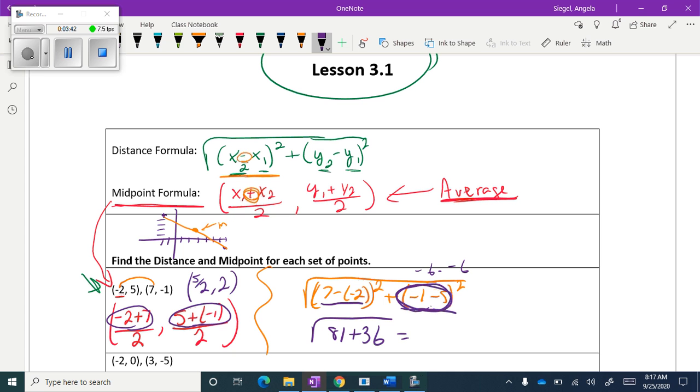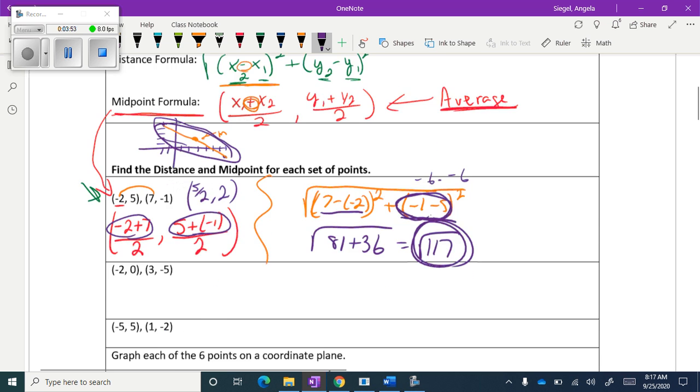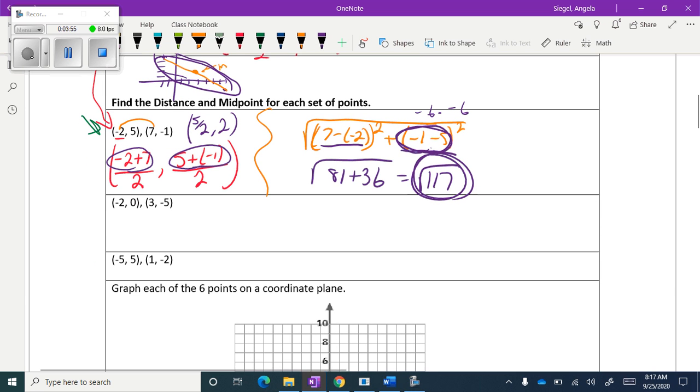Once we add this together, we get 117. So it's the square root of 117. So this distance right here is the square root of 117. Sorry, I don't know why this printed off with such small space. So go ahead and do this one and see how you do.